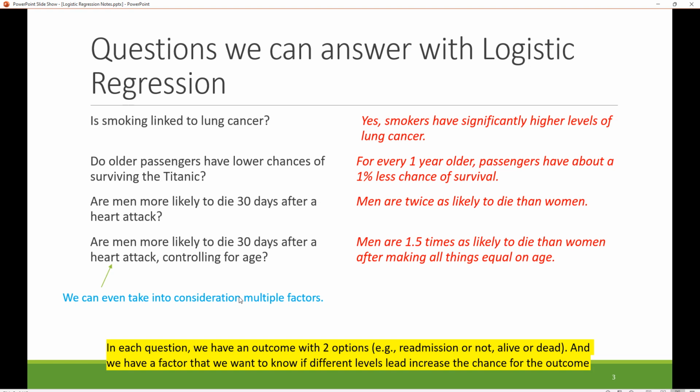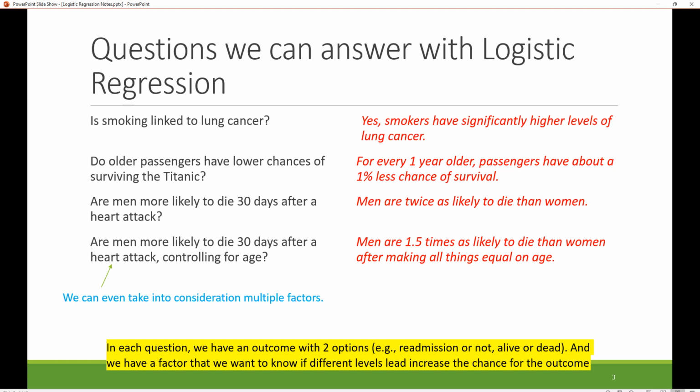In the first 3 questions, we're just looking at one factor compared with an outcome, but we can look at multiple factors and answer questions such as, are men more likely to die 30 days after a heart attack, controlling for age? And then we may find out that men are 1.5 times more likely to die than women after making all things equal on age.